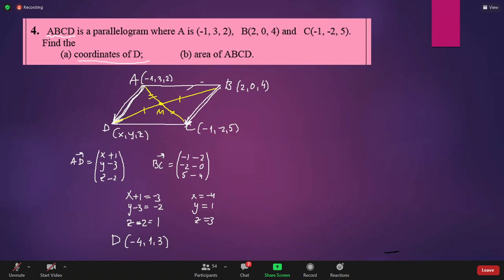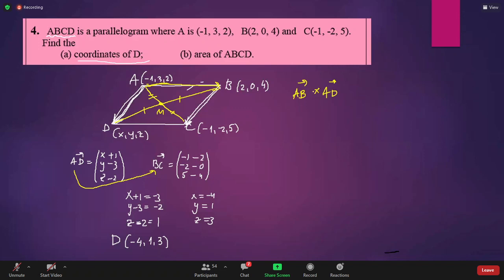Now the area of ABCD, we would understand that, for example, we could have two vectors starting at the same point. For example, vector AB multiplied by vector AD. We know that AD is the same as BC, so we will use that. And then find its magnitude.